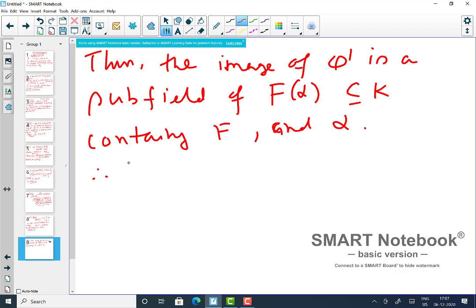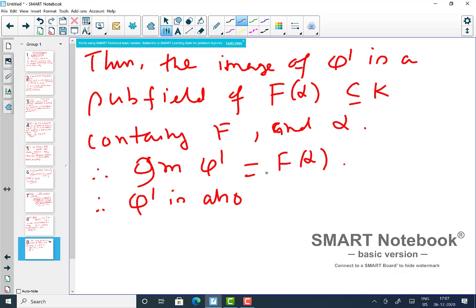So thus the image of phi dash is actually equal to F(alpha), because F(alpha) is the smallest field containing F and alpha. So you cannot have a proper subfield of F(alpha) which contains both F and alpha. What does that mean? That means phi dash is also surjective.